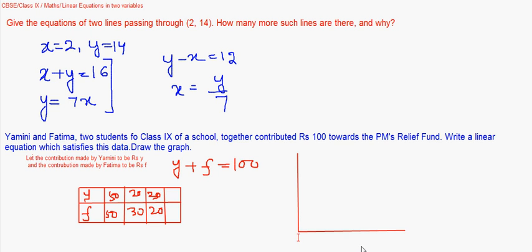So I guess you can do the plotting on the graph by yourself. This is suppose 0, this may be 25, then 50, then 75, and I extend this to 100. Here also we need to do the same.